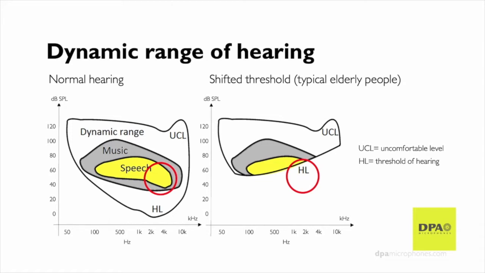So speech intelligibility is becoming more and more important the older the listeners are. So if you're working with elderly people in, let's say, a church, you need to be able to distinguish all the consonants even more than you would in a daily conversation, or at least as much.